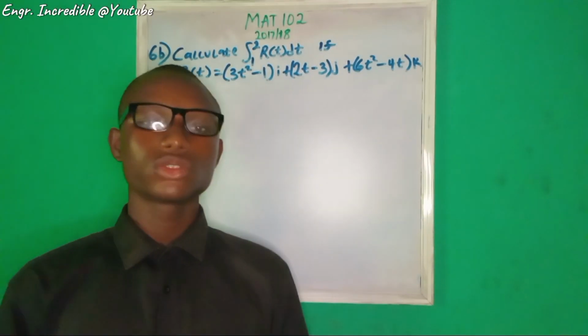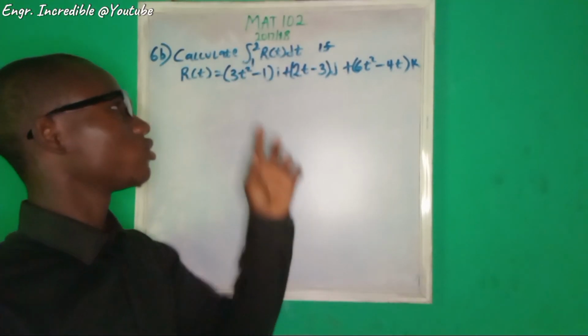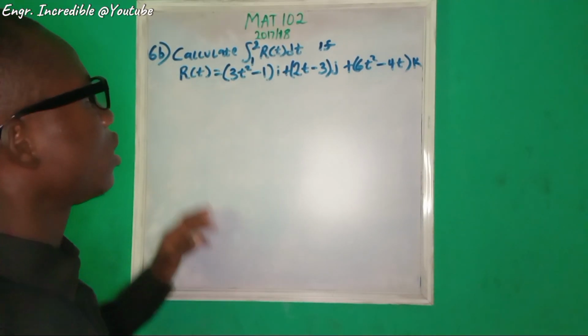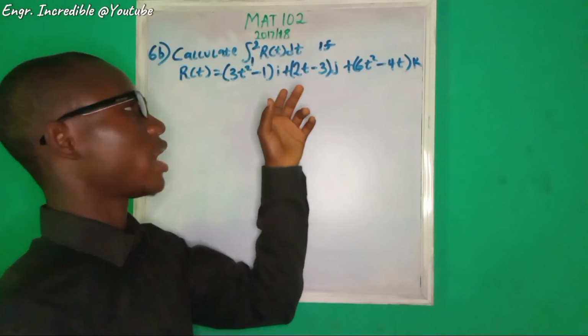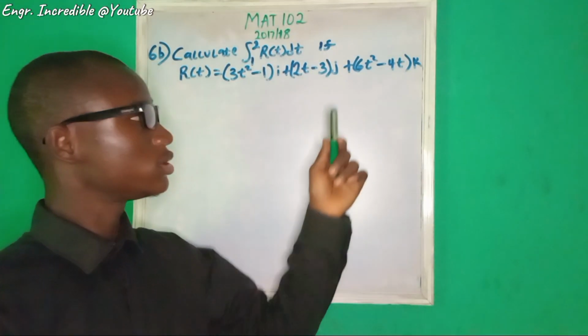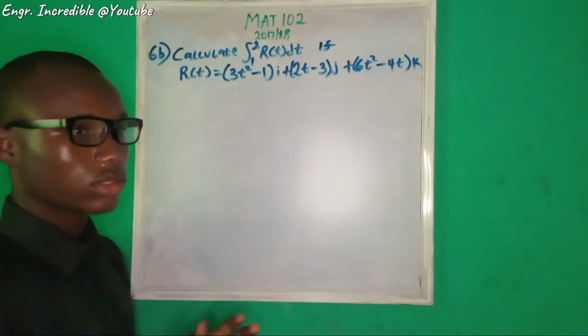So now question 6b says calculate the integral from 2 to 1 of r of t dt if r of t is equal to (3t squared minus 1) i plus (2t minus 3) j plus (6t squared minus 4t) k. So how do we integrate it?